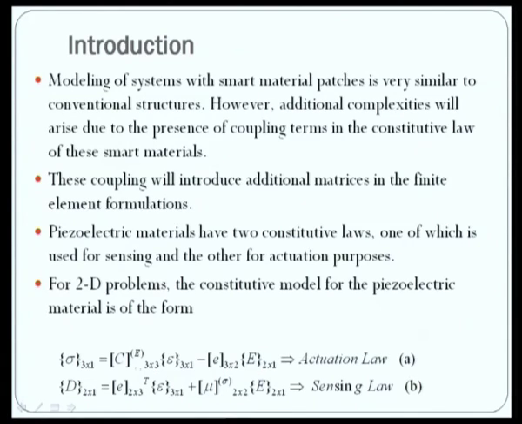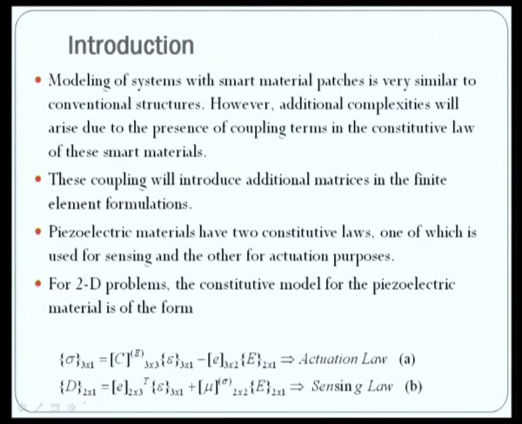The mechanical stress is a 3x1 vector for a 2D problem, that is sigma x, sigma y and tau xy, and C is the 3x3 material property matrix. Epsilon is the three strains corresponding to the stress, that is epsilon x, epsilon y and gamma xy, and the electric field has two components in the two coordinate directions, Ex and Ey.